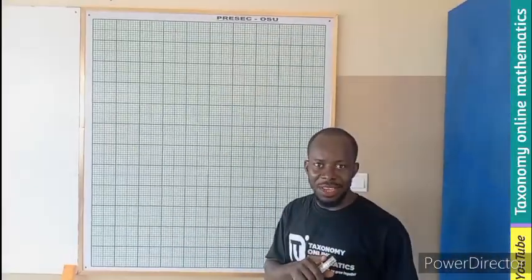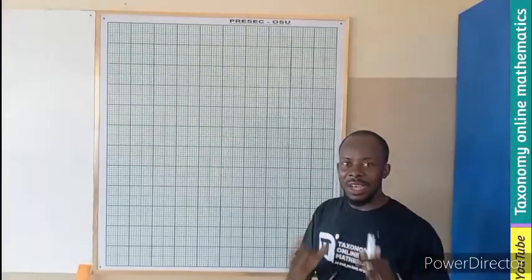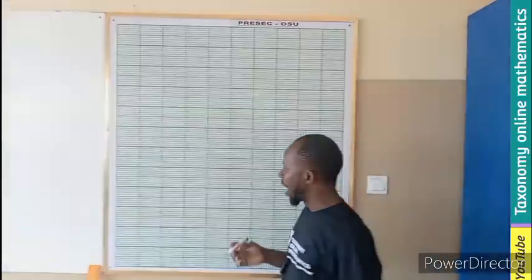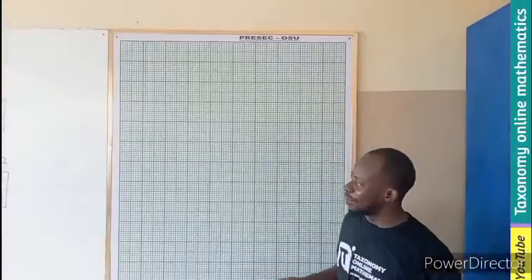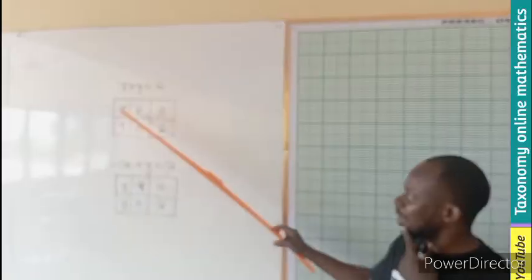Alright, just like we have the values for x and y, we need to put those values into our graph. We need to have our x-axis and the y-axis, but that will be determined by the values of x and y. Let's look at the values of x. We have 6 as being positive.